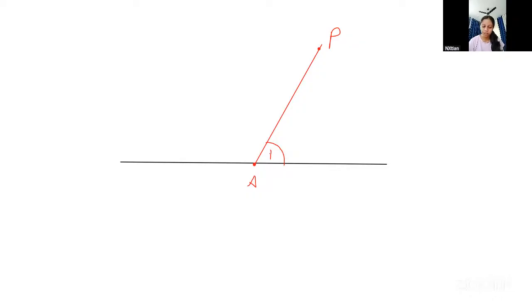Put it on point P and cut one more arc like this. Name this point B.